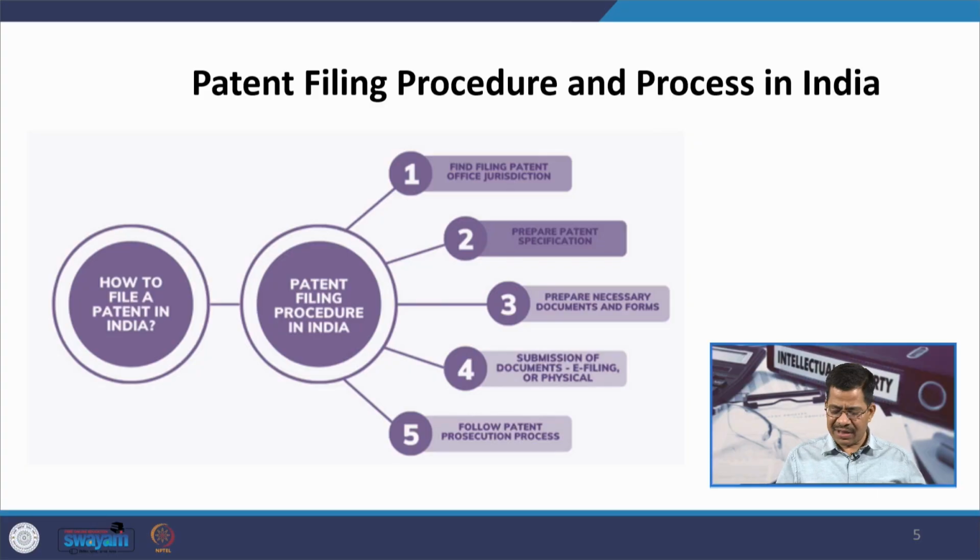So, after understanding this first requirement, that for deciding where you should go you need proper forecasting data and market research data, only then should you go for filing a patent in other countries. But before you go for filing in other countries, you need to understand the process of filing the patent in India itself.